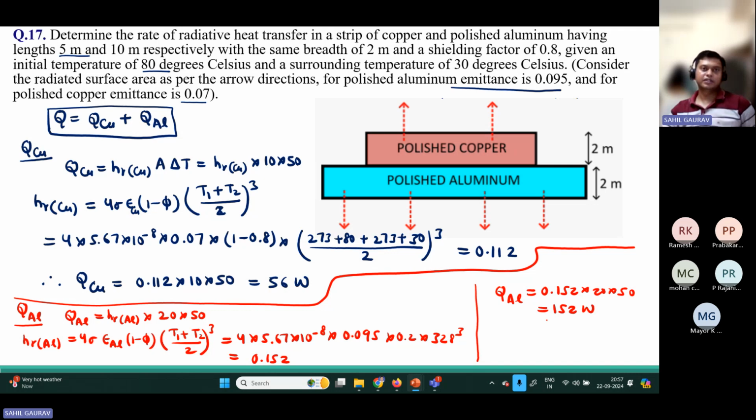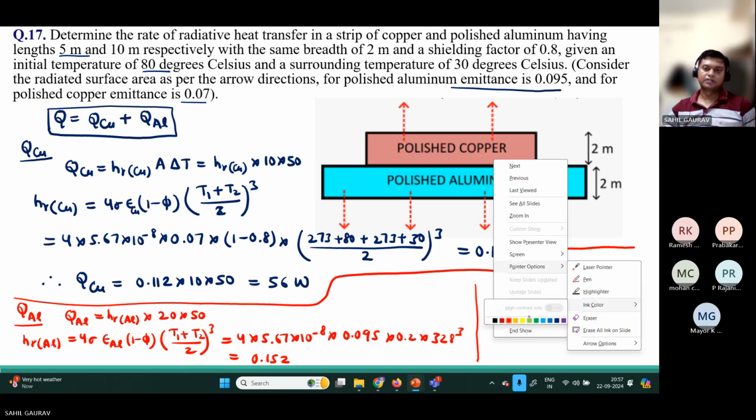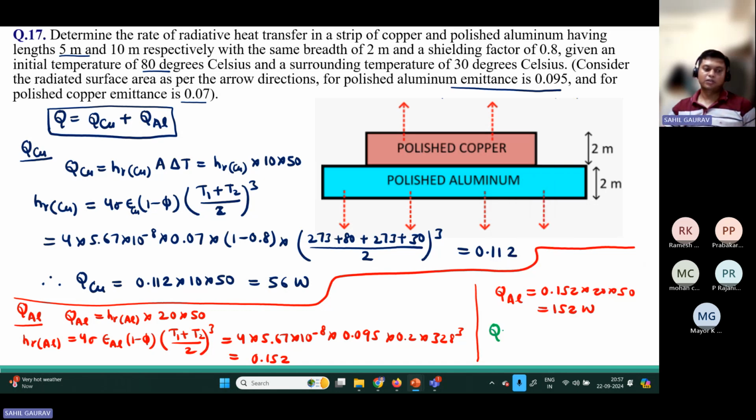So total rate of radiative heat transfer will be Q equal to 56 plus 152, so you will get 208 watt.